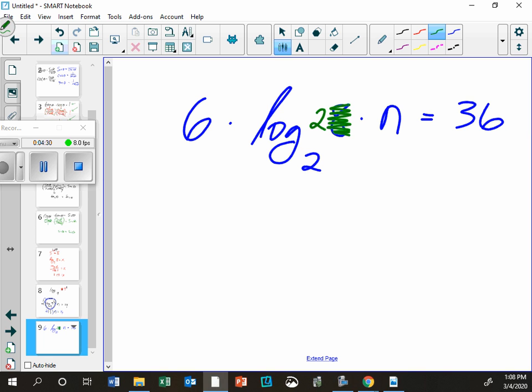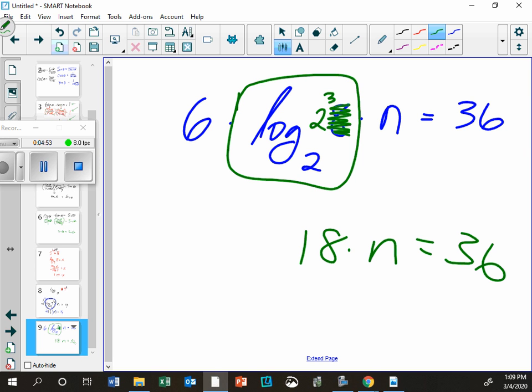But it can't just be 2, because 2 isn't 8. But I could make it a 2 to the what? 2 to the 3rd. And then this whole thing simplifies to what? 3.